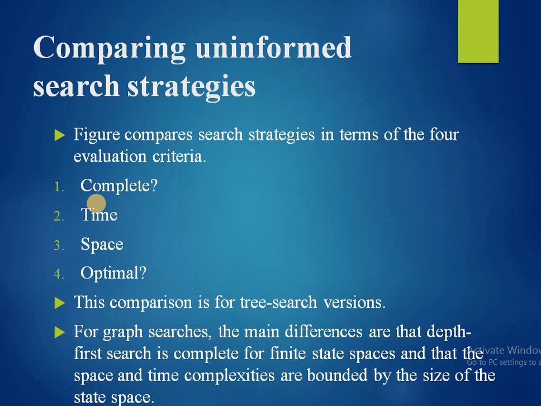This comparison is for tree search versions. For graph searches, the main differences are that depth first search is complete for finite state spaces and that the space and time complexities are bounded by the size of the state space.